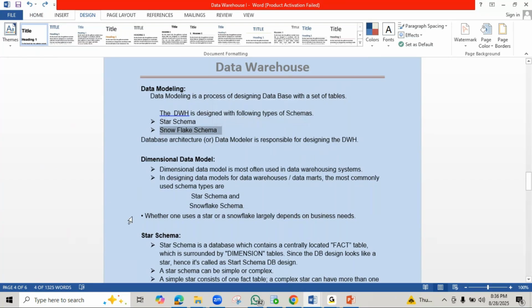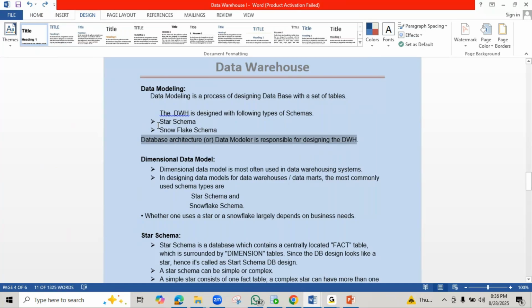Then whose headache is it, and who is responsible for designing this schema? We are working on the star schema, that is fine, but who is designing the star schema? Have you ever designed the star schema? Then what do you have to say? You have to say no. The database architect or data modeler is responsible for designing the data warehouse schemas.